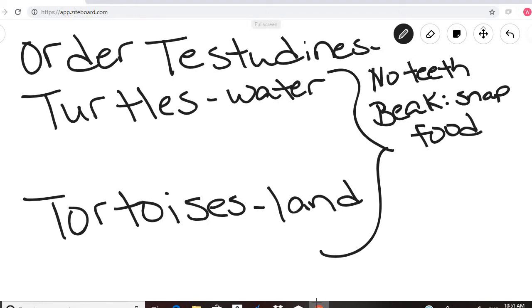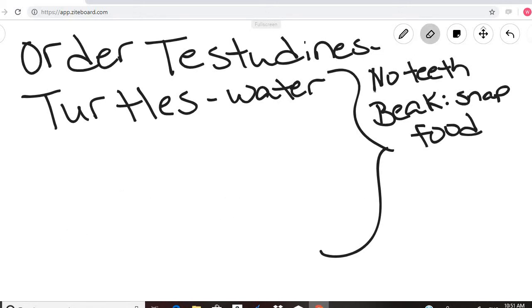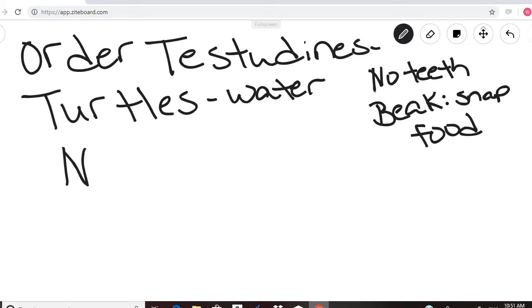They also, especially the turtles, since tortoises are on land, this would not apply to them, but the turtles have their nostrils that are high on their noses.